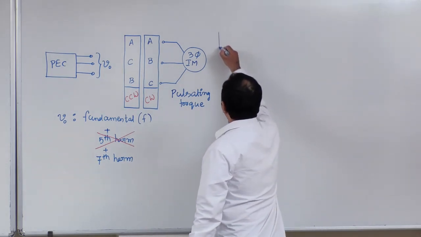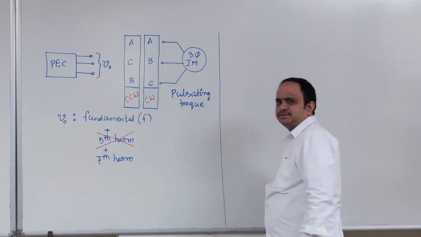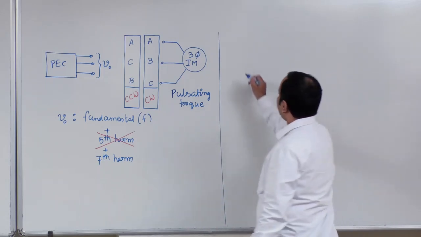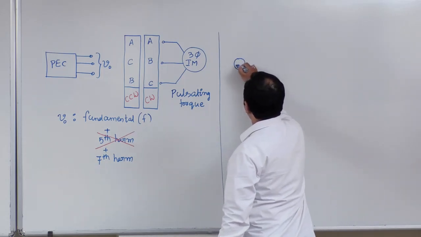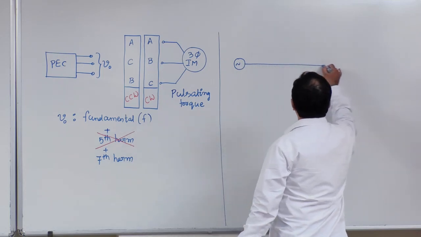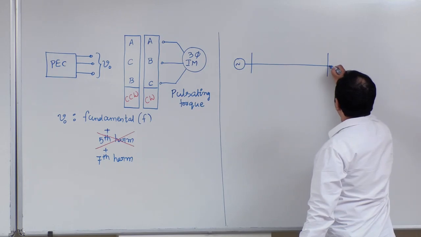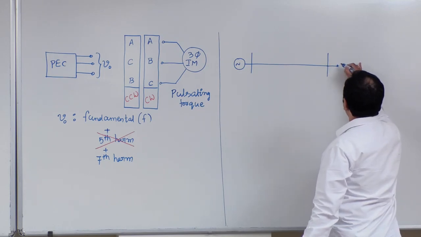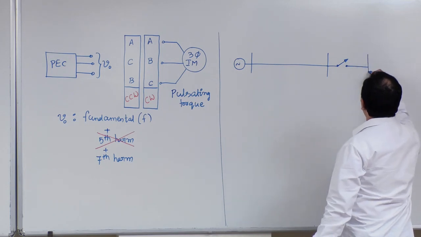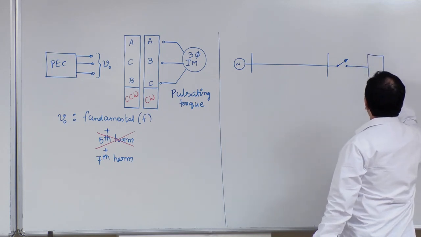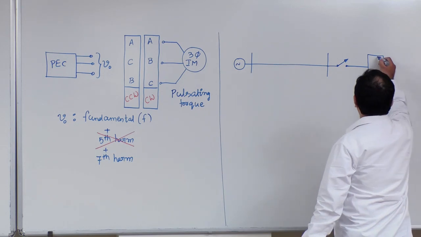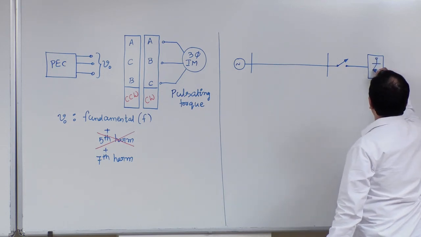For example, consider a single line diagram of a power system network. Let me take, there is one switch over here. At the receiving end, there is a rectifier circuit.